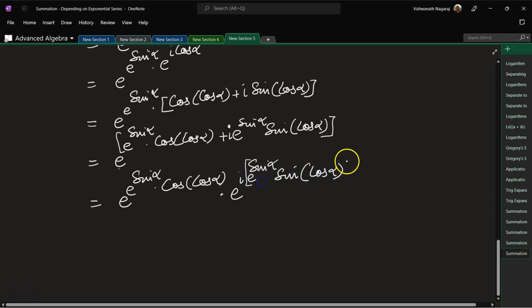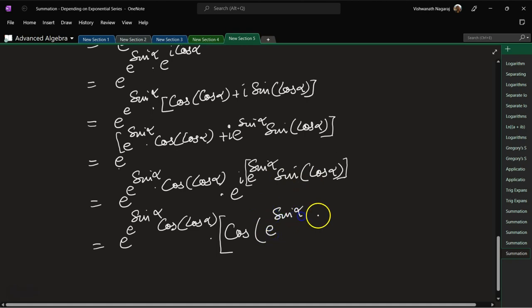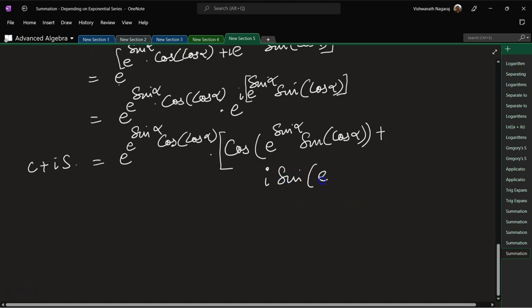Now again we can treat this as a single unit. So e to the power of i theta is equal to cos theta plus i sine theta. So let's do that. So e to the power of sine alpha cos of cos alpha times this becomes cos of, let's put the bracket, cos of this entire expression, e to the power of sine alpha sine of cos alpha, plus i sine of e to the power of sine alpha times sine of cos alpha.